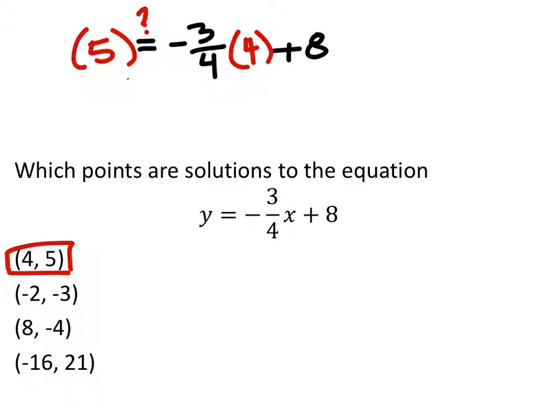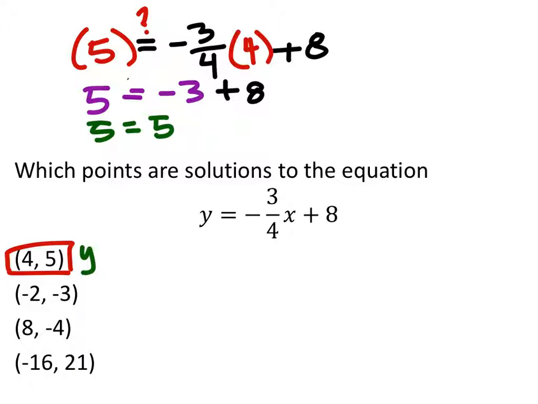You could put this in the calculator, but we'll do it the old-fashioned way. Negative 3/4 times 4 is negative 3. And then plus 8. Negative 3 plus 8 is 5. 5 does equal 5, that's true. So this one, I'm going to put yes. You can write a solution if you want, but that's more writing than I want to do.